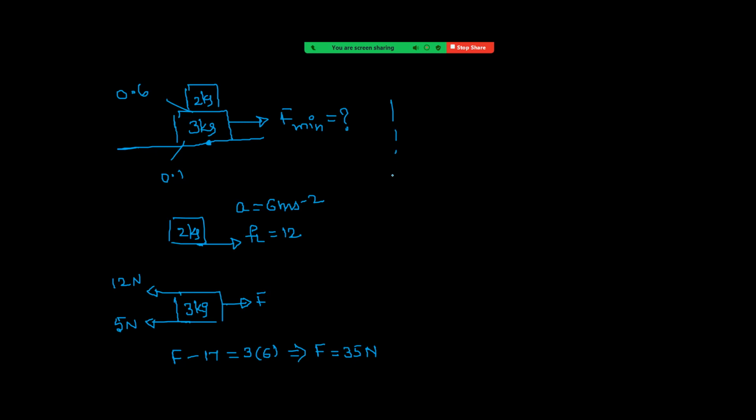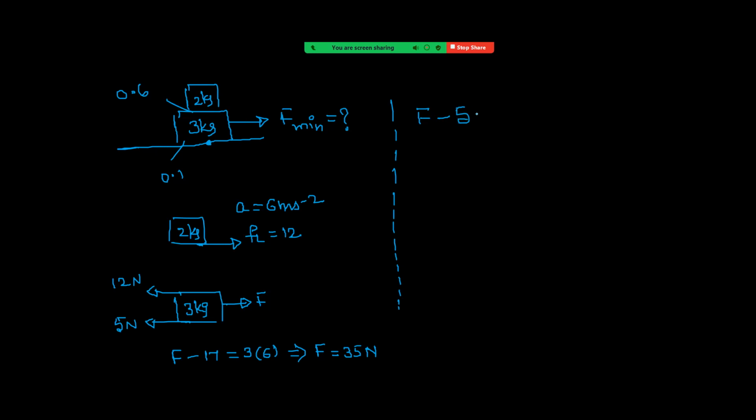If you want to solve it like a single block, why a single block? Because up to that force, both are moving as a whole. In such a case, taking both blocks as a system, net force will be the applied force minus the frictional force at this contact, that is 5.